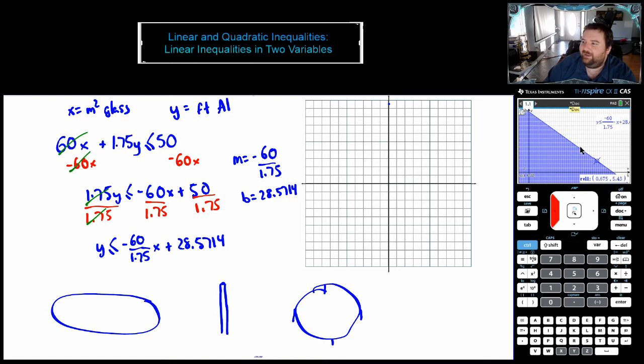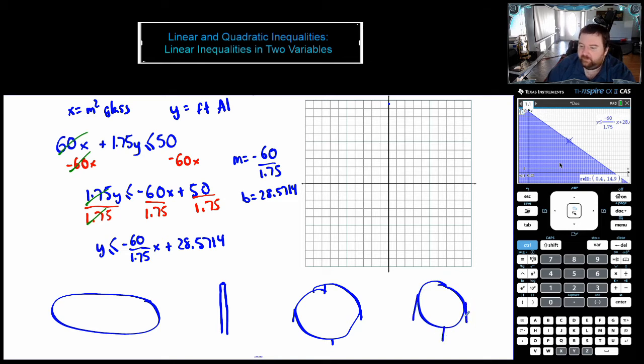But let's try to pick something that actually makes sense, which I would say is one of these values over here, like maybe that one looks real nice. So it's 0.4 meters squared of glass, right? So you have a decent sized tabletop, and now we have 15 feet of table legs, and there's 4 legs, so that means each one is between 3 to 4 feet, which seems kind of ideal, right?